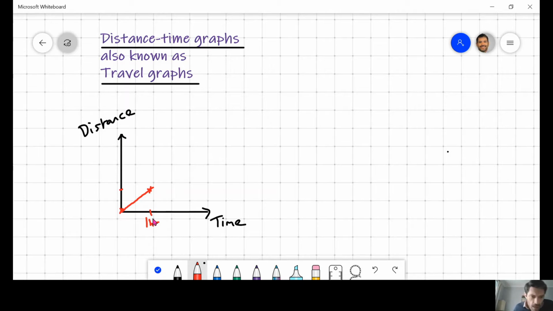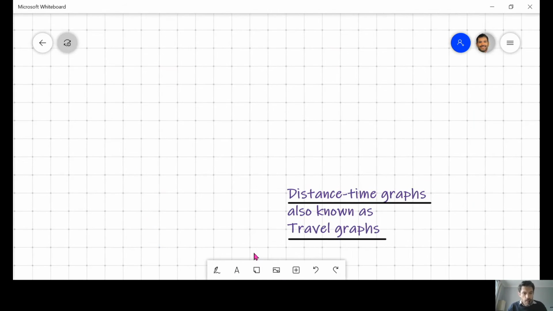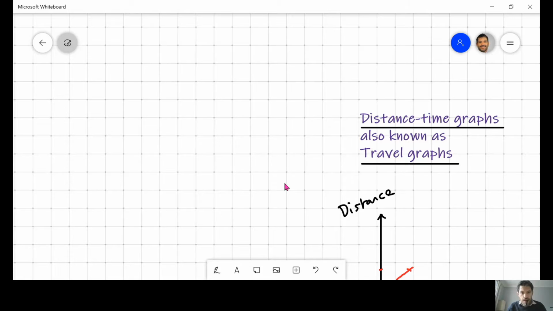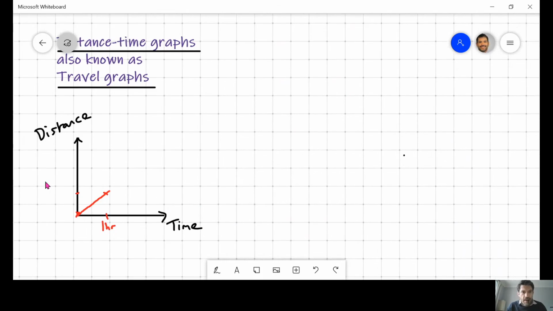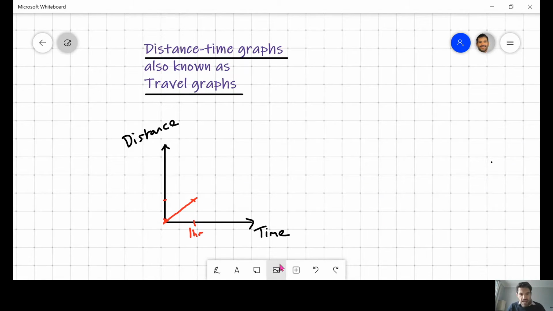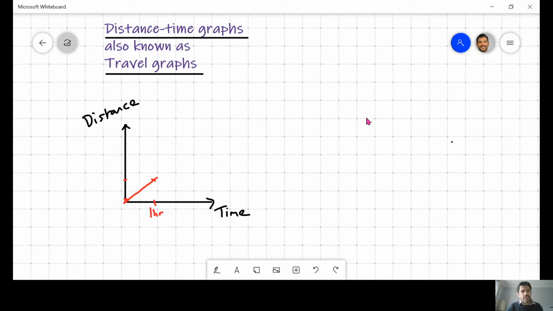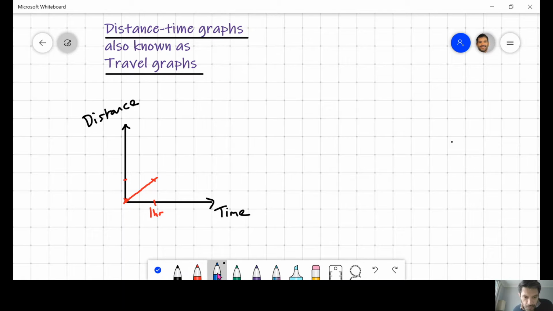Now let's keep copying and pasting. Actually, I don't want to copy and paste it because I've lost the axis. What about if I've got the same graph in blue?